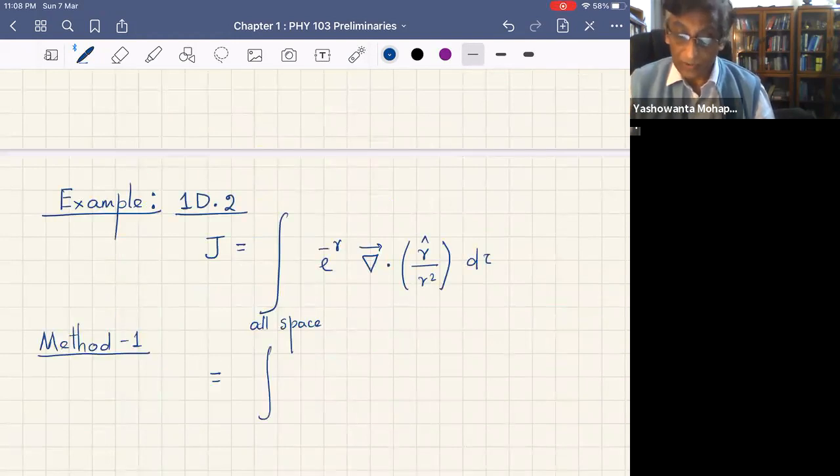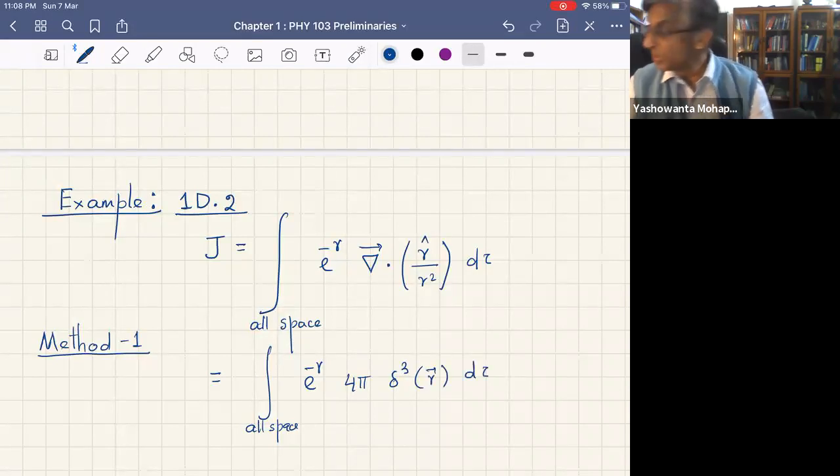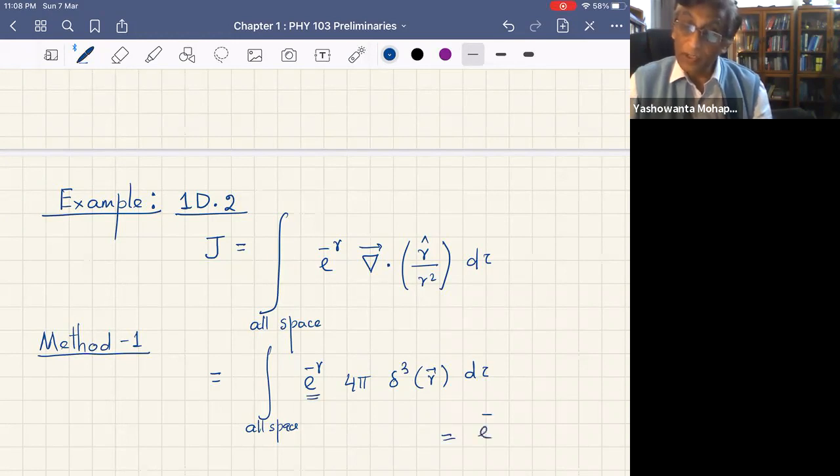This is all space, and e to the power minus r, times 4 pi del cube r d tau. So what will that be? We know that this delta function is at r equal to 0, so e to the power minus 0 is simply 1, times 4 pi, and that is nothing but 4 pi.